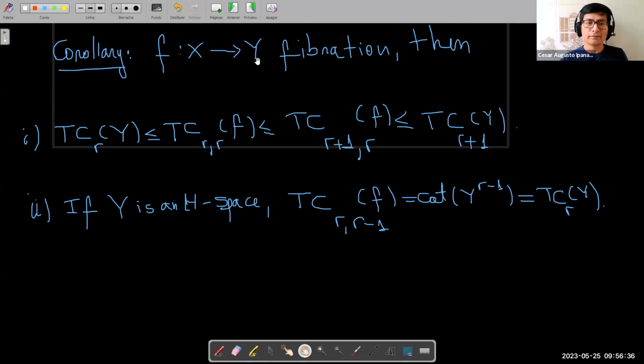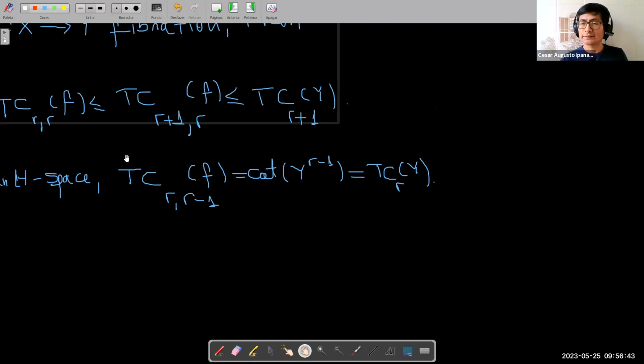Moreover, when Y is an H-space, this hierarchy TC coincides with the category, and it is well known that this category coincides with the hierarchy TC.